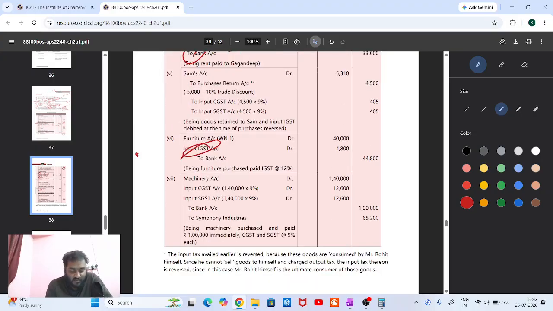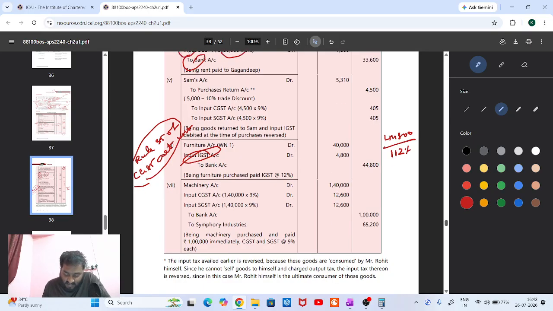There is Rule 35 of the CGST Act 2017. What does it say? Whenever the GST amount is included, like 44,800 which is inclusive of GST, we have to divide by 112%. Is it exactly 112%?